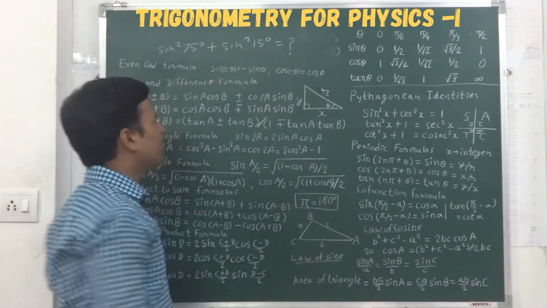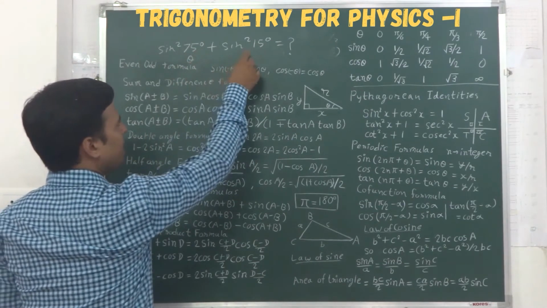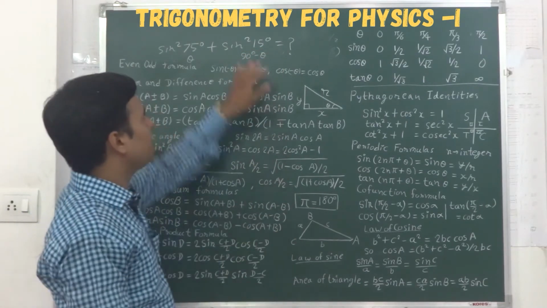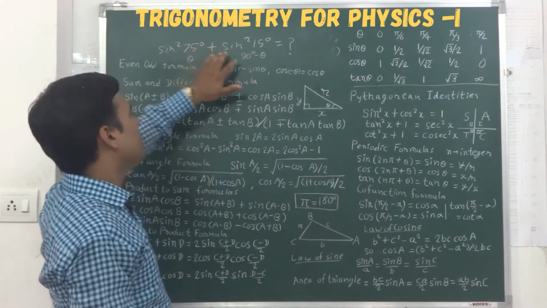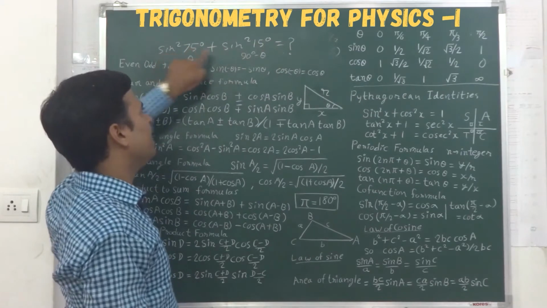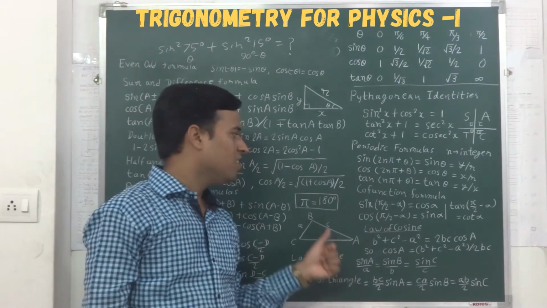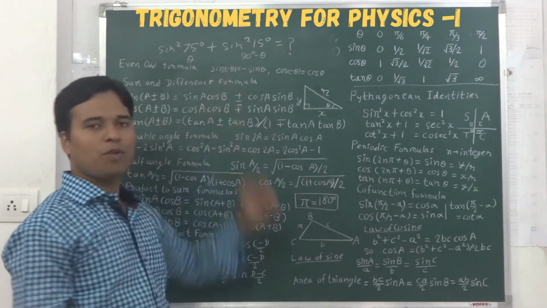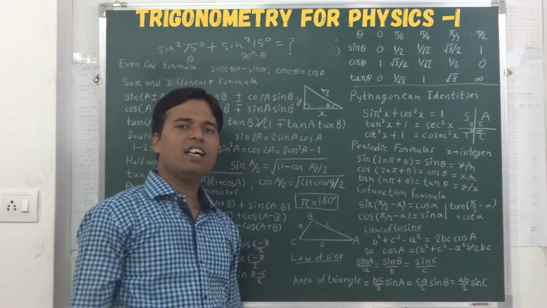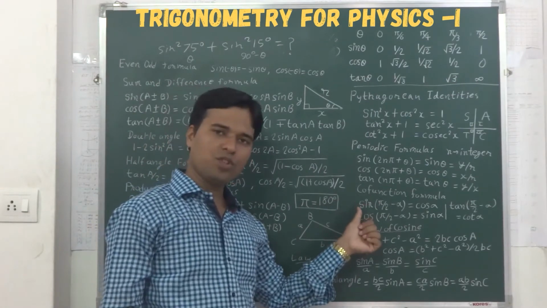This is a tricky question in which if here is the given theta value, here is given 90 degree minus theta. Then convert the second part, the sine square 15 degree, into the same angle which is 75 degree. Here are the basic formulas which we can use to solve this problem, and that is a tricky problem which can be solved within 10 seconds. We will learn now those formulas.